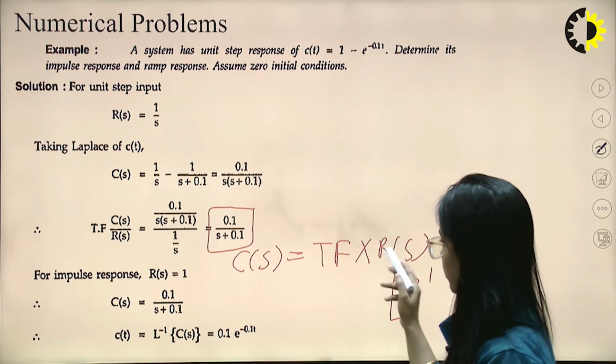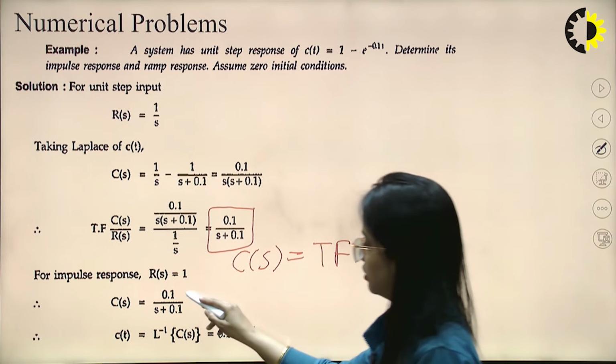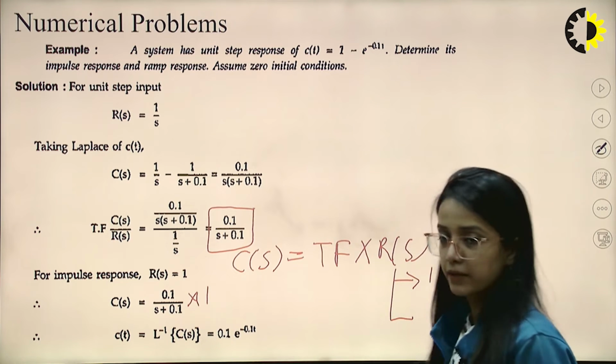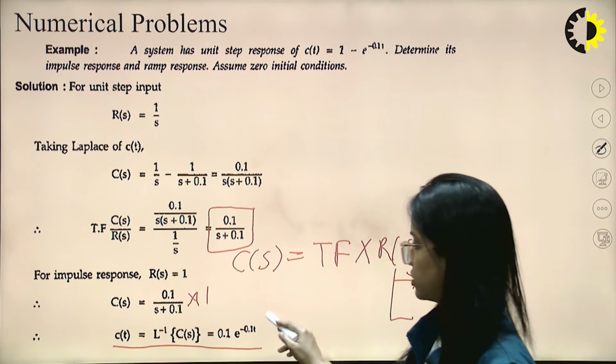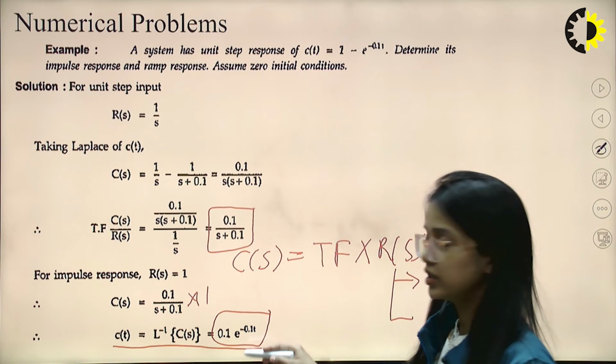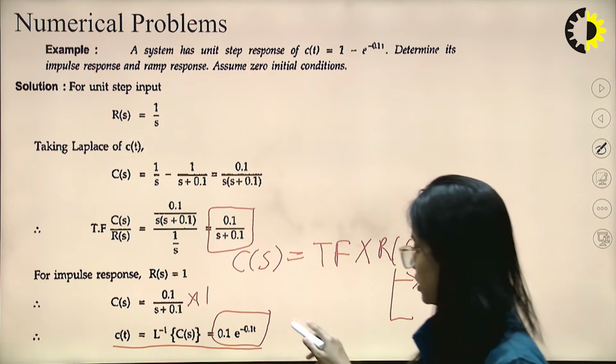So you are multiplying TF into 1. Multiplying by 1 gives the inverse Laplace of this, which is 0.1 e raised to the power minus 0.1 t. So this is very well the impulse response.